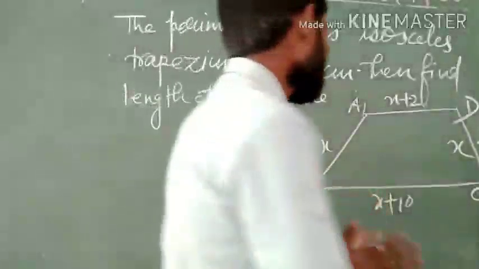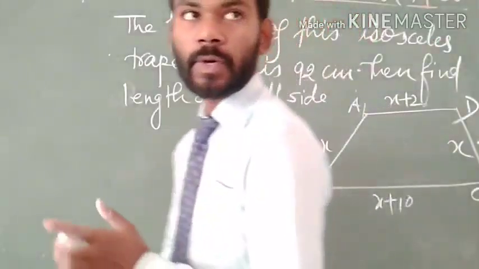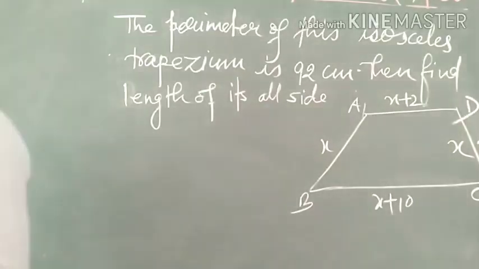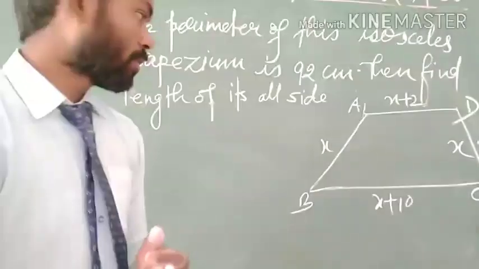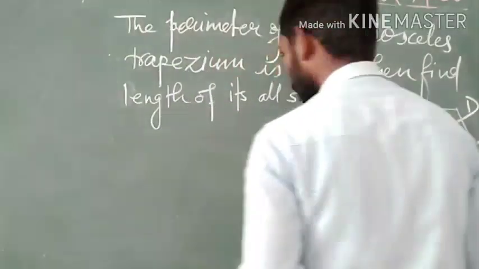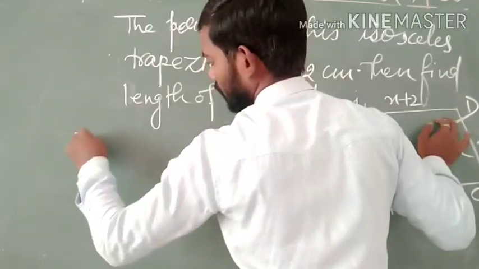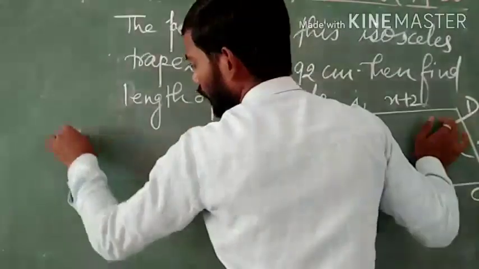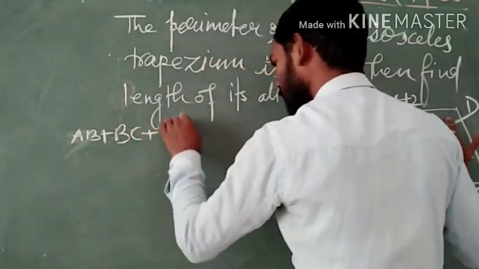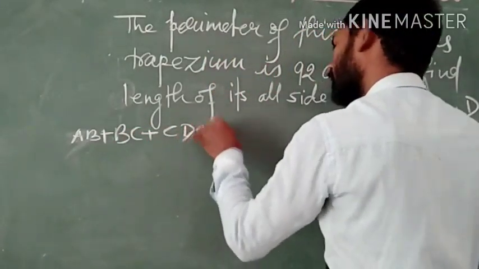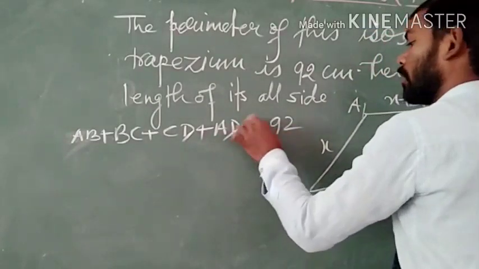Okay. So here we know that by the definition of perimeter, the total length of the boundary is called perimeter. Therefore, here the total length of the boundary of this trapezium will be x, that is AB, plus BC plus CD plus AD is equal to 92.